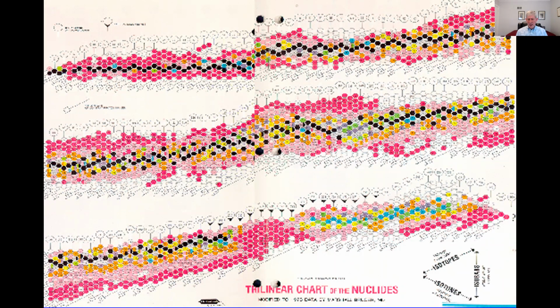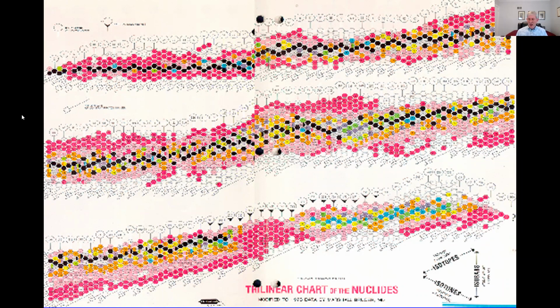And the color coding, I don't know the whole color coding system, but here's what I do know. The black ones are stable, and every other color is a different time unit. I'll make this up, like pink might be seconds, and yellow might be minutes, and green might be hours, and red might be days, and some other code like that. So if you follow along, you can see that the black ones going up and going more and more, there aren't that many of them. It's, as I mentioned, about 8%.